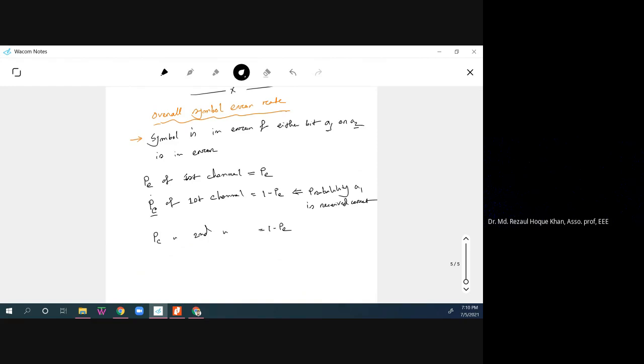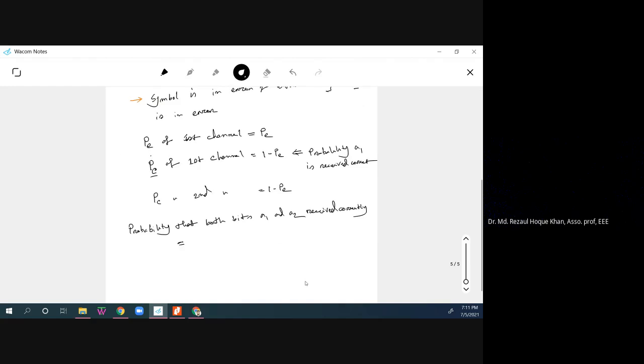So what is the probability that both bits, A1 and A2, or both channels are received correctly? The probability that both bits A1 and A2 are received correctly is nothing but the multiplication, 1 minus PE into 1 minus PE, which equals (1 minus PE) square.